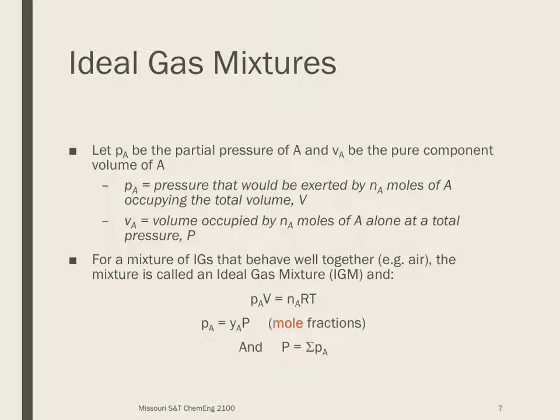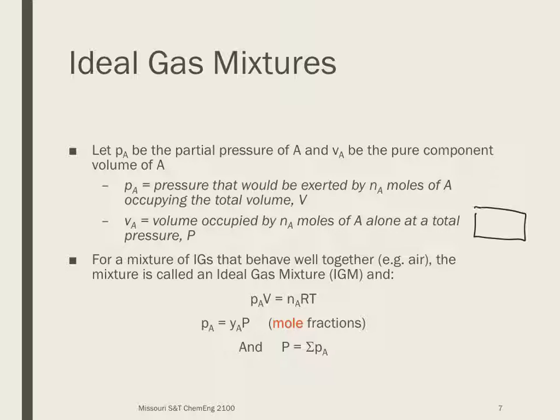V sub A is the volume that would be occupied by the number of moles of A I really have, if it were at that pressure and I just let it take up the correct amount of volume for that pressure. So it's like if I were to segregate.